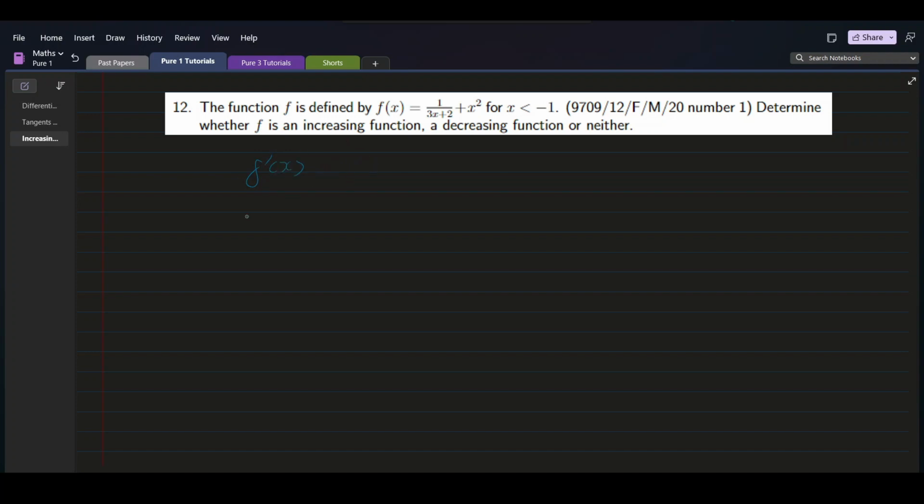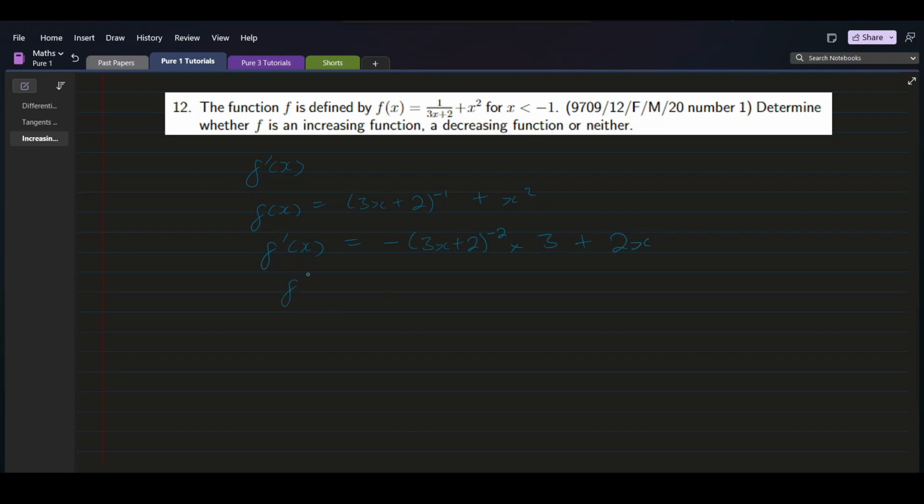We're told that f of x is equal to (3x plus 2) to the power negative 1, plus x squared. If we differentiate that, f prime of x is equal to, bring down the power, negative (3x plus 2) to the negative 2, times 3, plus 2x.